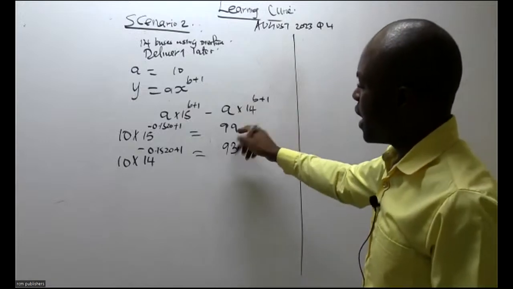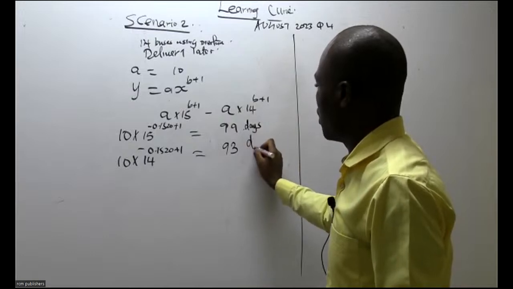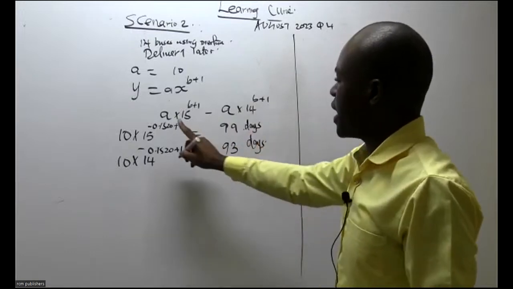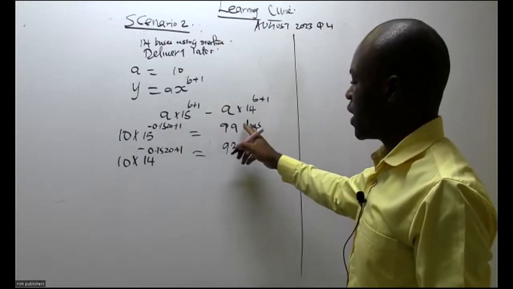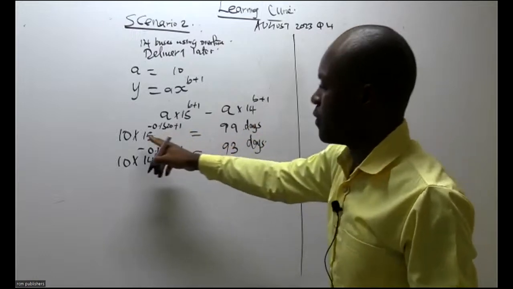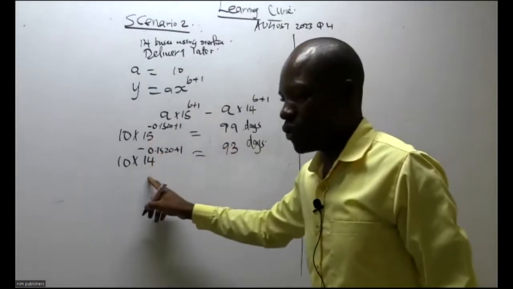You've taken 99 days to produce 15 buses. You are taking 93 days to produce 14 buses.